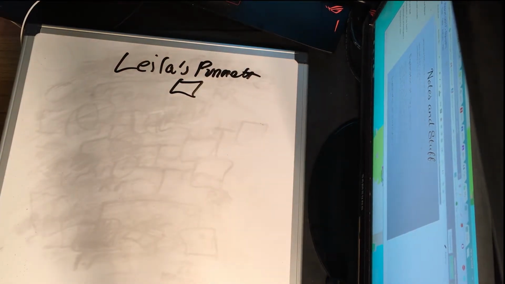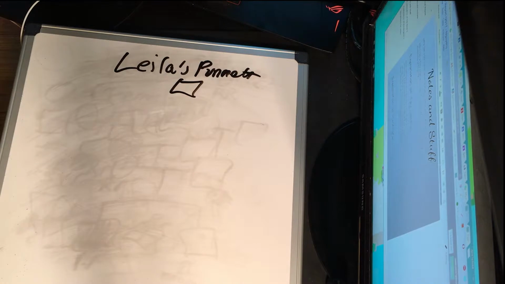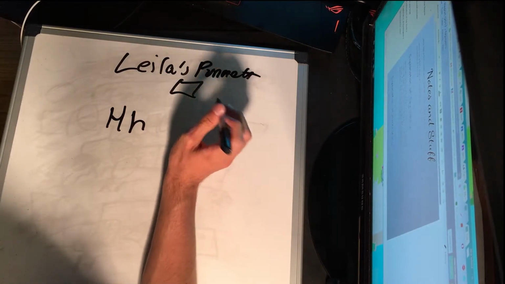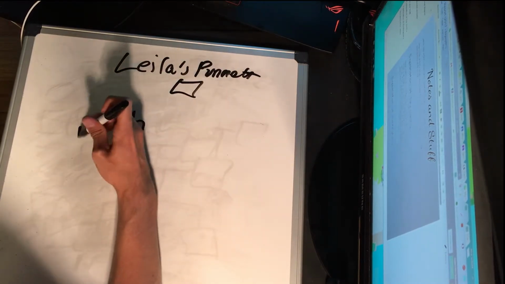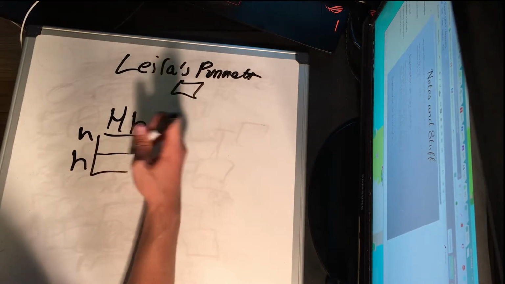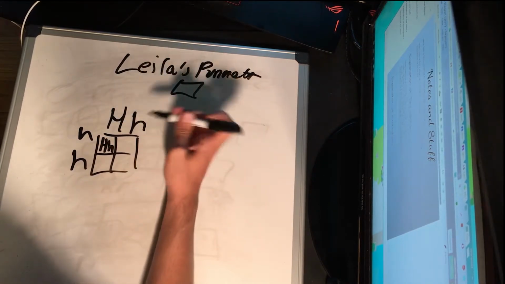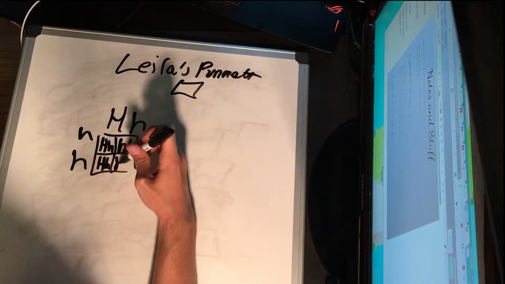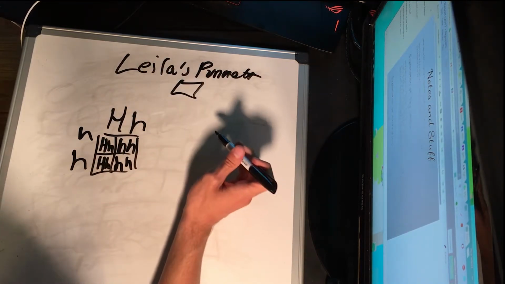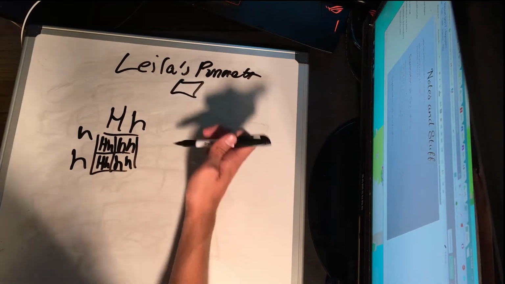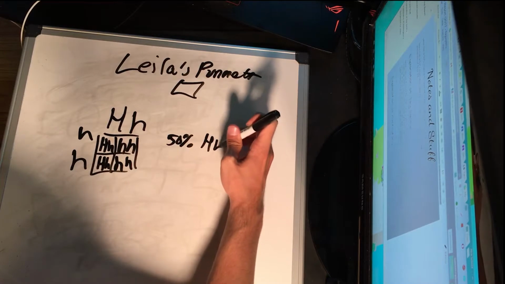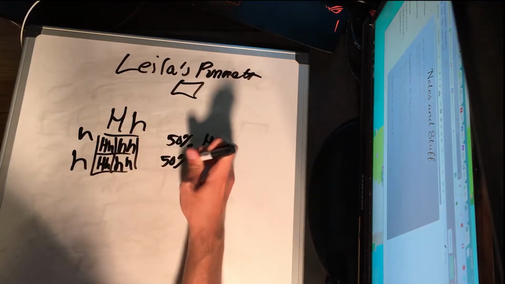Alright, so for Lila's Punnett square, she has one dominant, one heterozygous, and one homozygous recessive. So if we combine these, you can see that it's going to be 50% for having it or not having it.